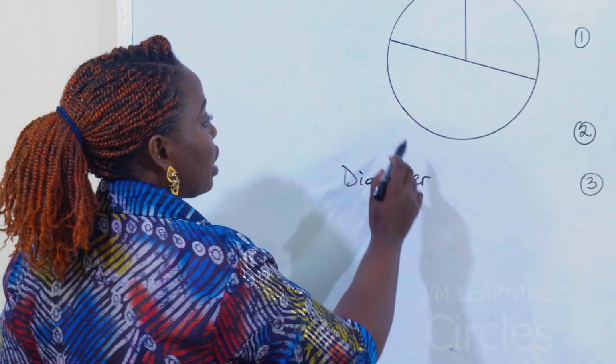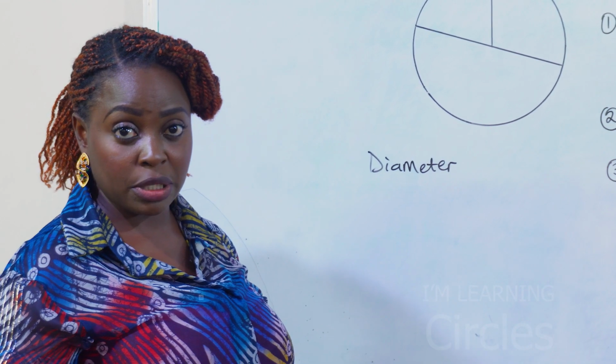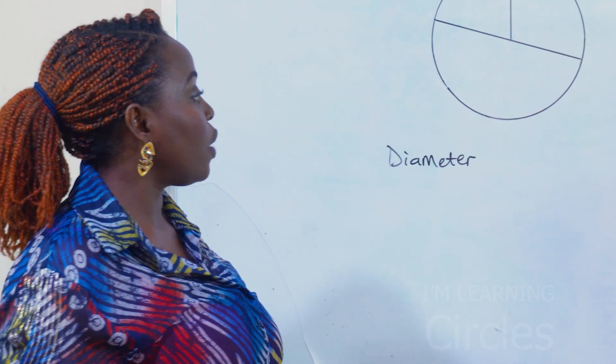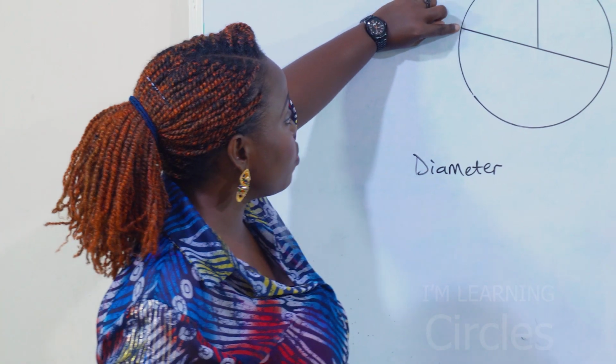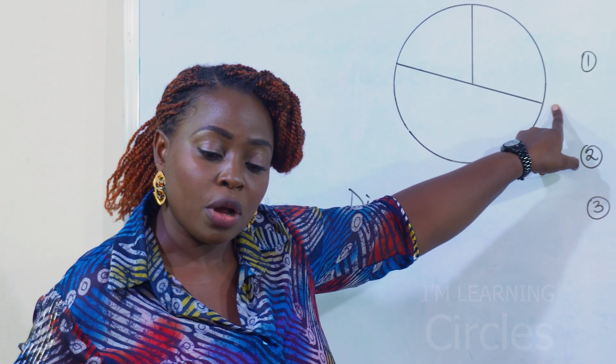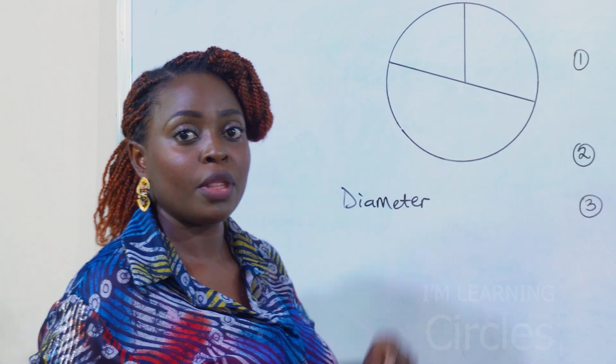For example, if the line runs from this point to this point, it is not a diameter because it didn't pass through the center of the circle. Now, your diameter is a line that goes from one end of a circle to another end of the circle, going through or going across the center of your circle.